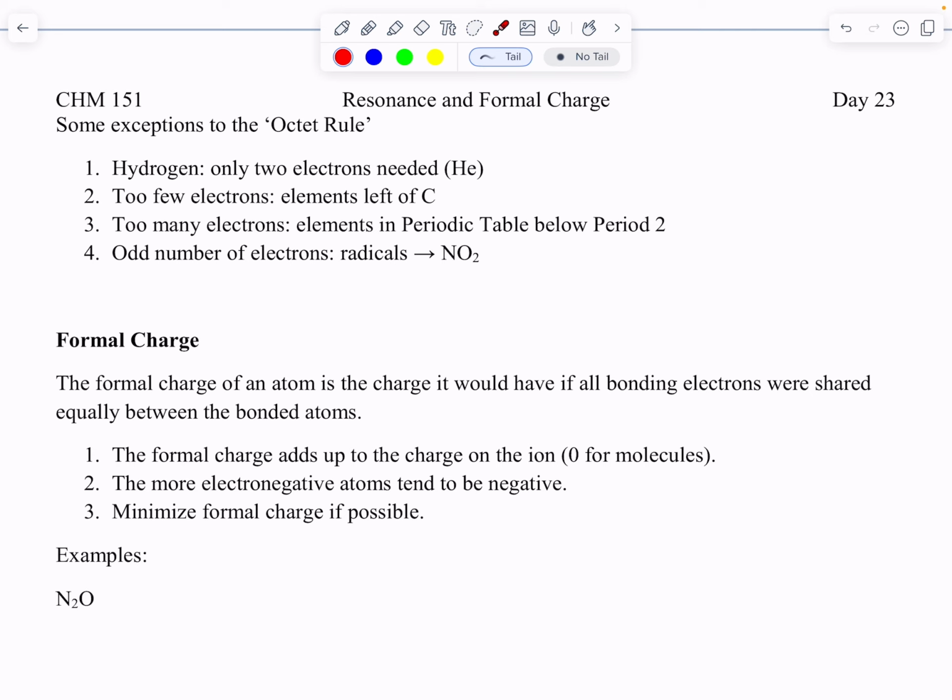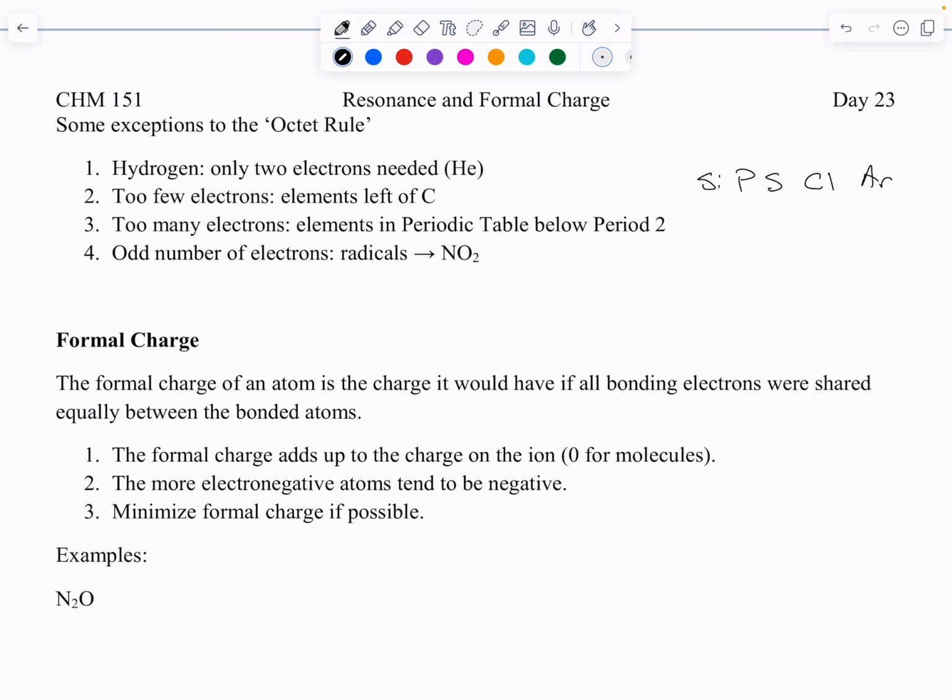Now, too many electrons. What do you mean too many? Elements below period 2, so that means period 3 and below, which would include Si, although we never do Si. P, S, Cl. It would include argon, but we're not going to do any argon compounds on Earth.